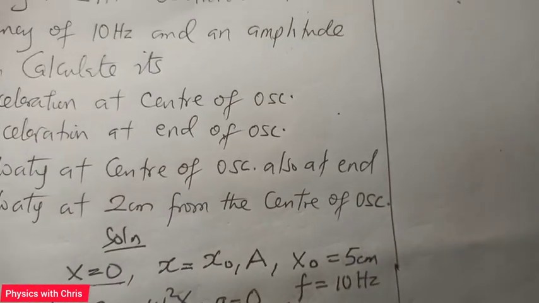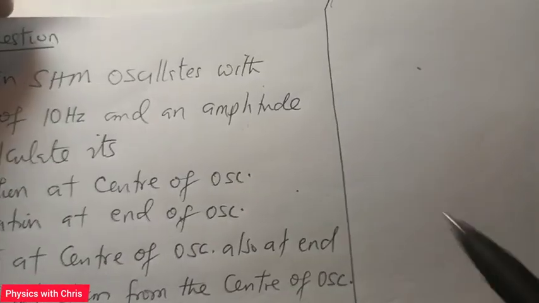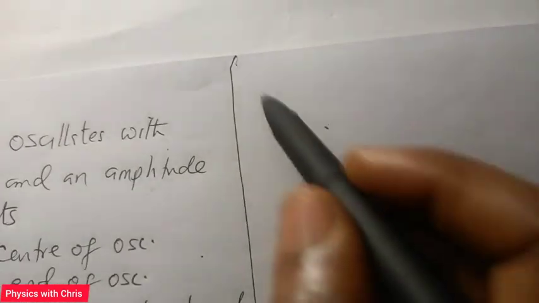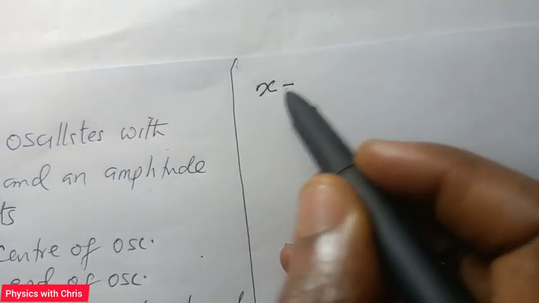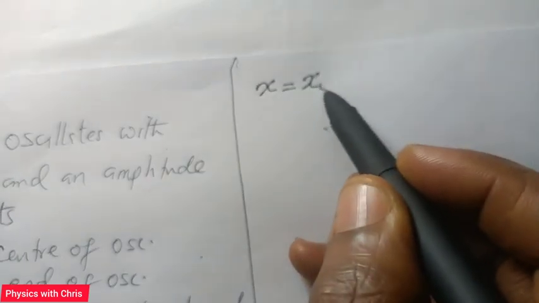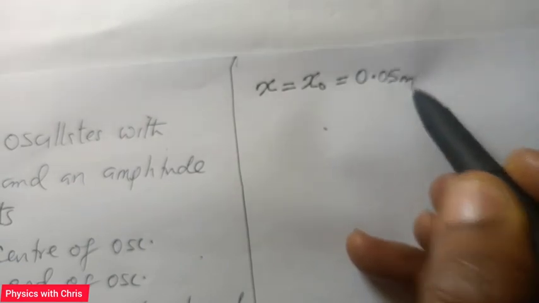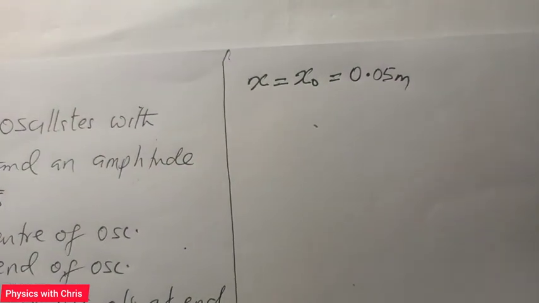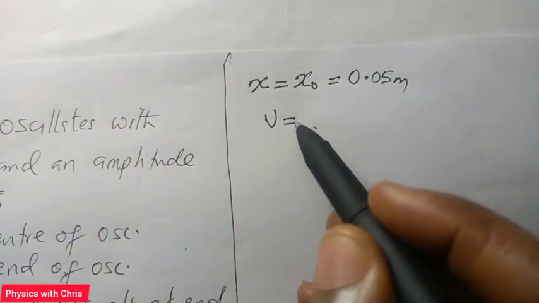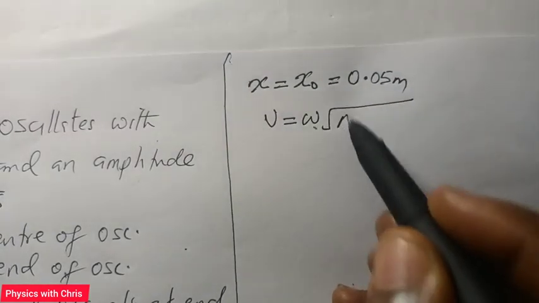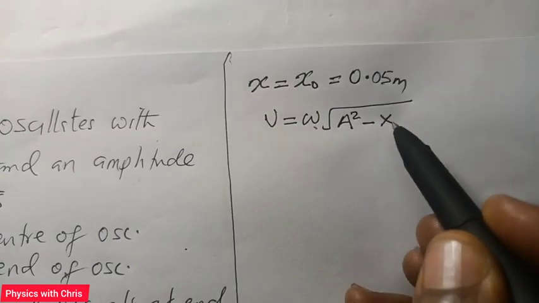Okay, quickly we want to look at the velocity again at the end of oscillation. Let me move my sheet to this side. Now, at the end of oscillation, my displacement is equal to my amplitude x naught, which was given to us as 0.05 meters. So v equals omega square root of amplitude squared minus displacement squared.